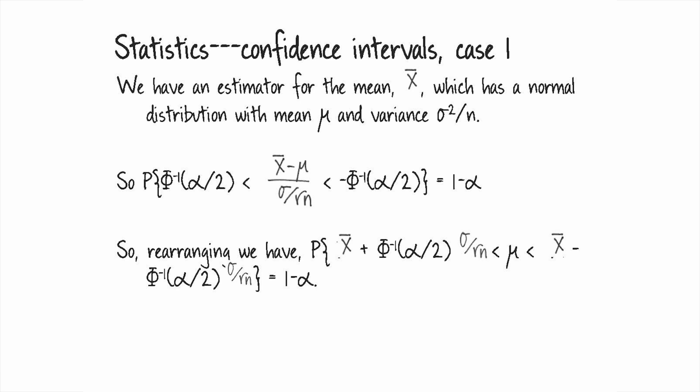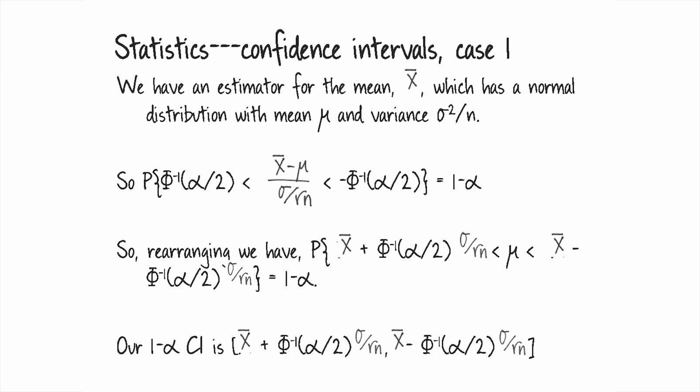And then on the right we have something similar, but with a minus sign. Okay, this is still a probability statement until we actually plug in the realizations. And so then our confidence interval is simply x bar plus this quantity and x bar minus this quantity.